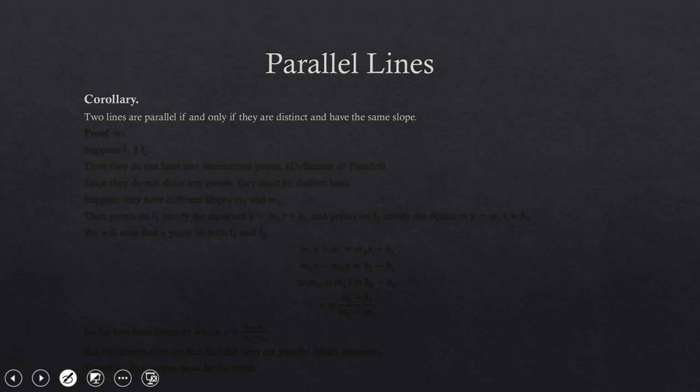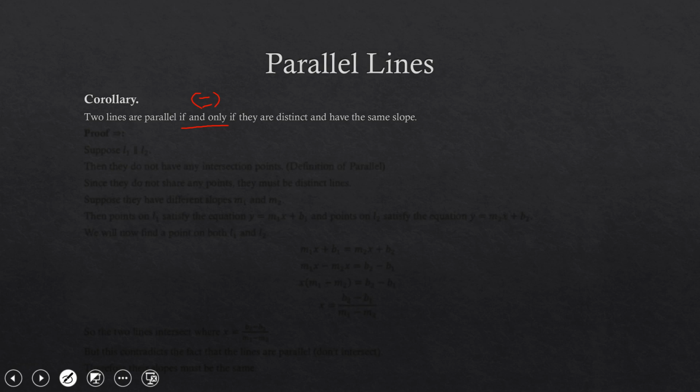This if and only if bit means that if lines are parallel, then they're distinct and have the same slope, and vice versa. If you have two lines that are distinct and have the same slope, then you know they're parallel. That's what if and only if means.